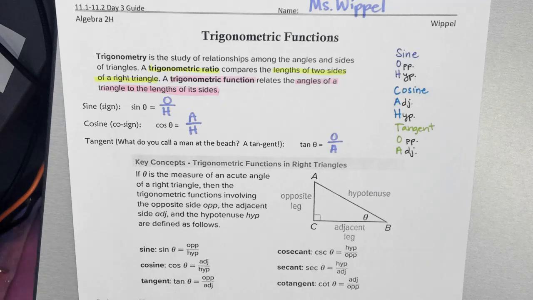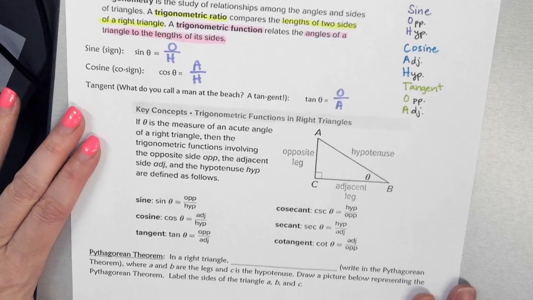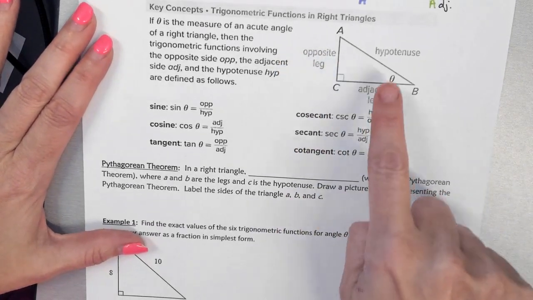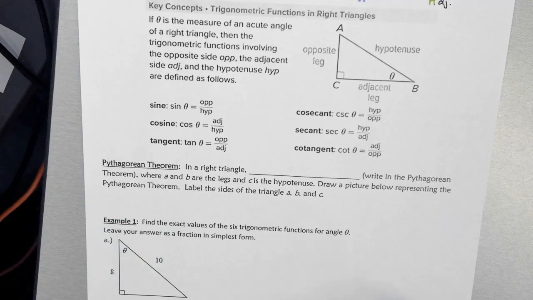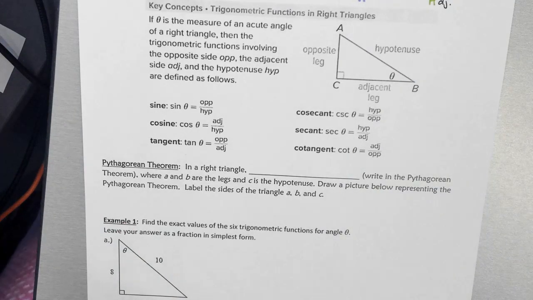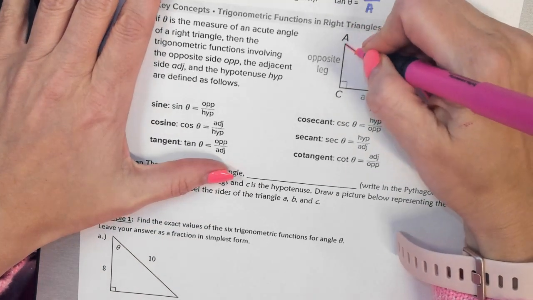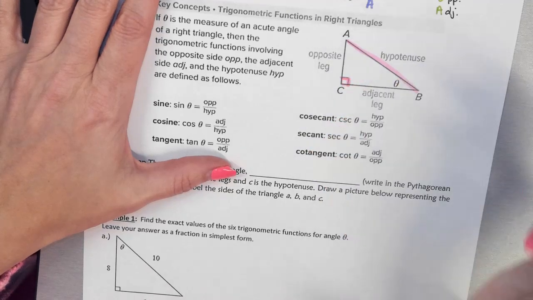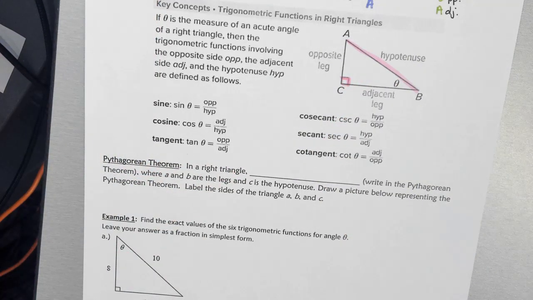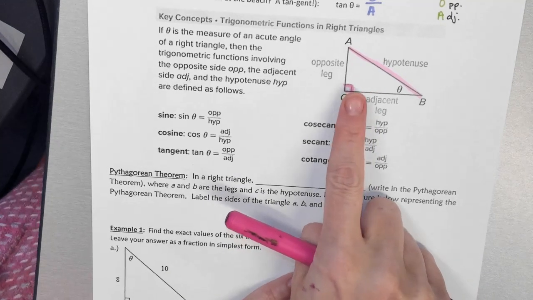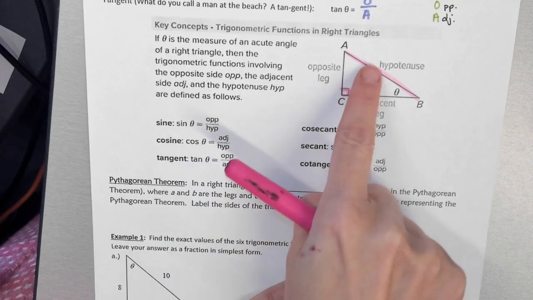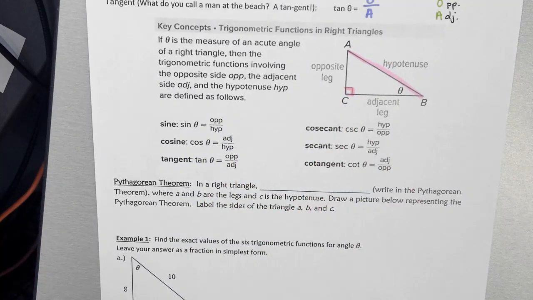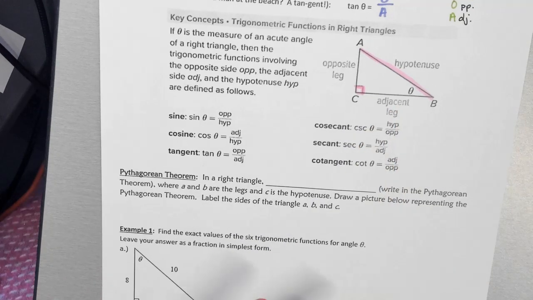When you are using the opposite, the adjacent, and the hypotenuse, remember that the hypotenuse can always be found because it is located across from the right angle. The hypotenuse is also the longest side, but sometimes we don't have triangles that are drawn to scale, which is why we always want to locate the side that is across from the right angle, and then from there we can find the adjacent leg.